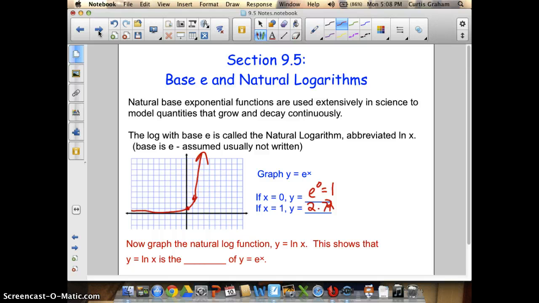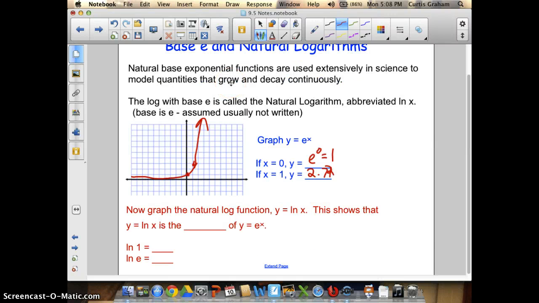Logarithms, as we've talked about already, are the inverse of exponentials. So if I want to graph this logarithm, I'm going to use the inverse coordinates. The natural log of 1 is 0, because whenever I plug in 0 for x, I got 1. We've talked about that already: anything to the 0 power is 1. What's going to give me e? The exponent has got to be 1.